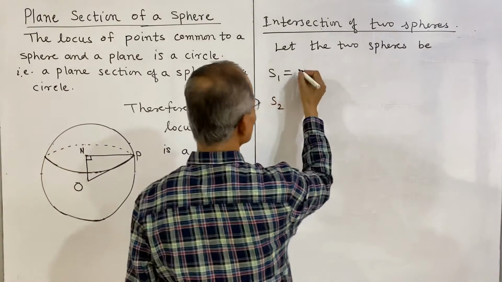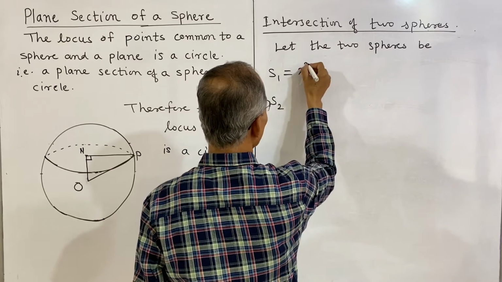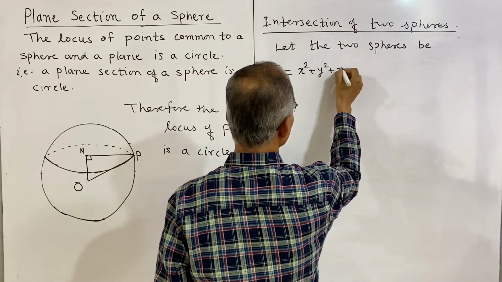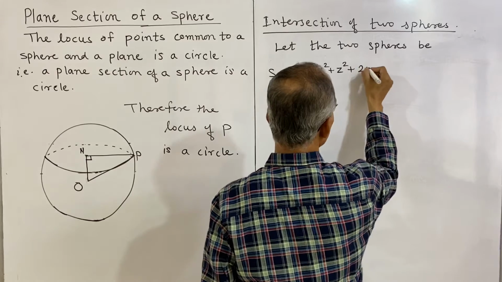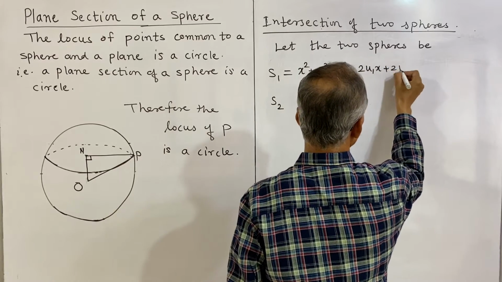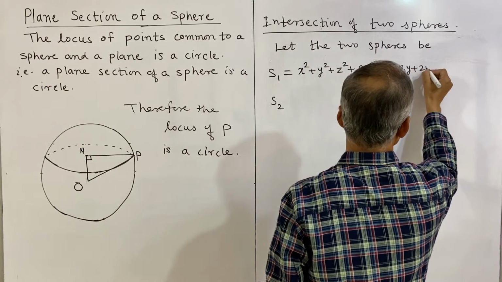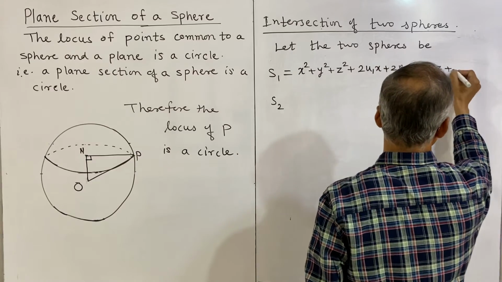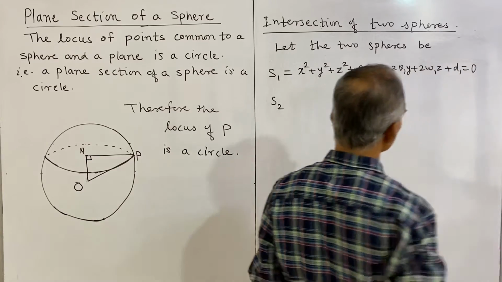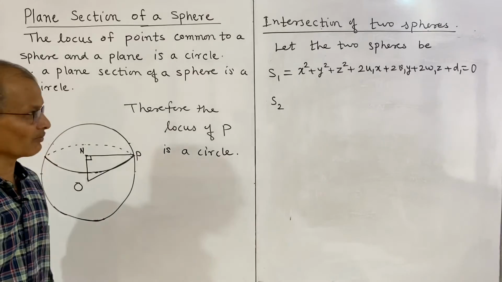Therefore the equation of sphere S1 will be x square plus y square plus z square plus 2u1x plus 2v1y plus 2w1z plus d1 is equal to 0. This is the equation of the first sphere we have written.